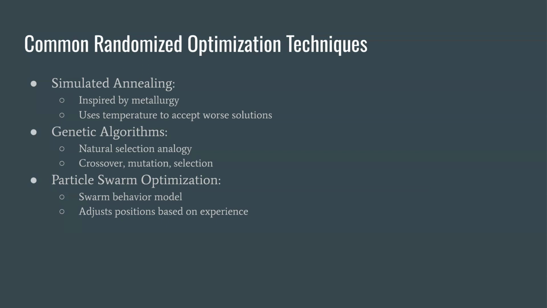Genetic algorithms, inspired by natural selection, use crossover, mutation, and selection to evolve a population of solutions toward better fitness. Last one, particle swarm optimization. This one models the behavior of a swarm of particles where each particle adjusts its position based on its own experience and that of its neighbors to find an optimal solution.